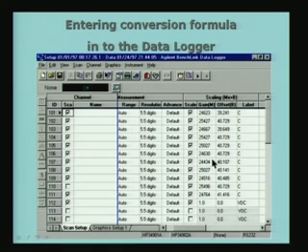So, when the several channels are scanned consecutively by the data logger, for the first channel it will get the value in volts, and immediately it will use this conversion formula and convert it to Celsius. So, voltage is converted to Celsius. So, the temperature automatically is going to be recorded by using this particular formula.